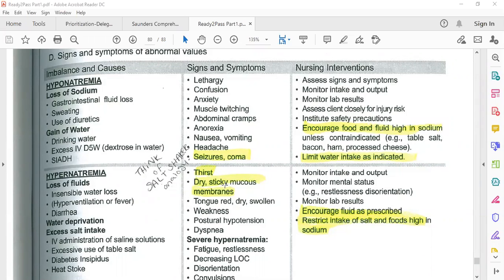So the normal sodium range is 136 to 145 milliequivalents per liter. I said the normal sodium range, I just write it here: 136 to 145.